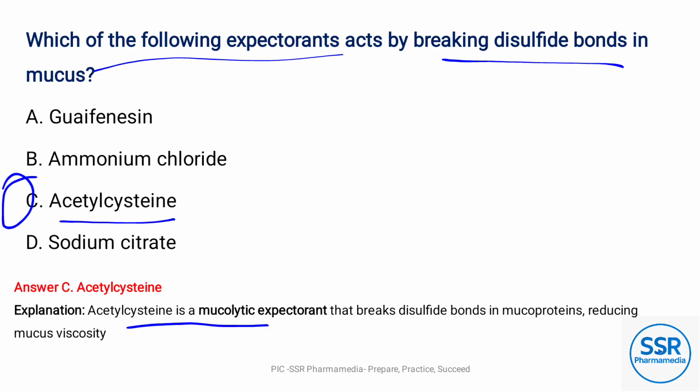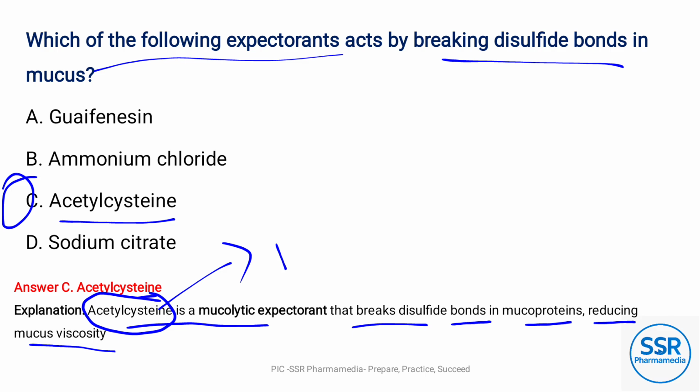Acetylcysteine is a mucolytic expectorant that breaks disulfide bonds in mucoproteins, reducing mucus viscosity. It is also used as an antidote in excess paracetamol dose.